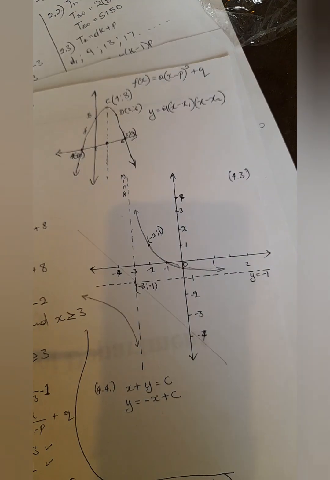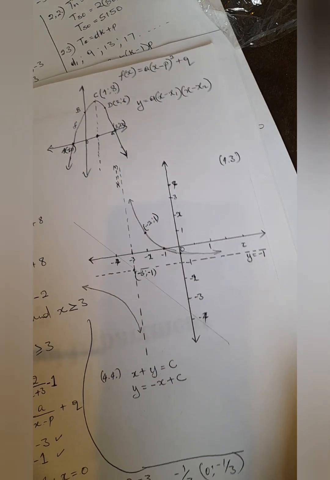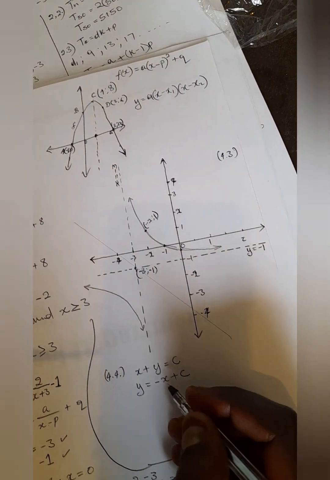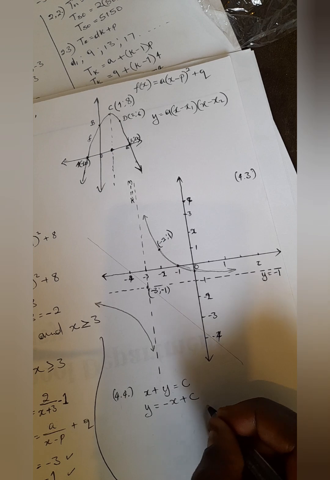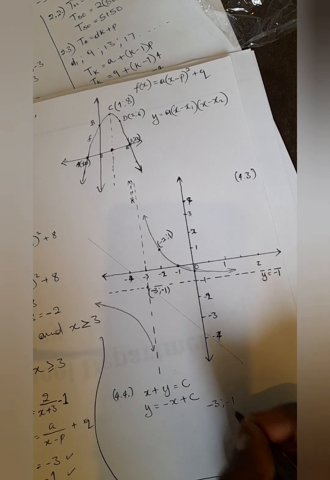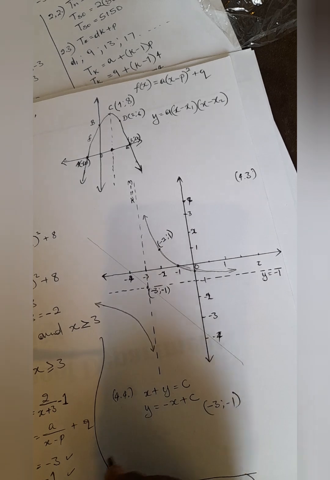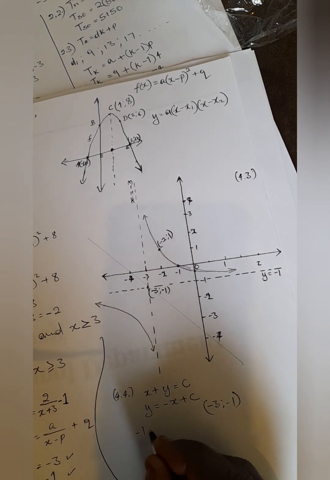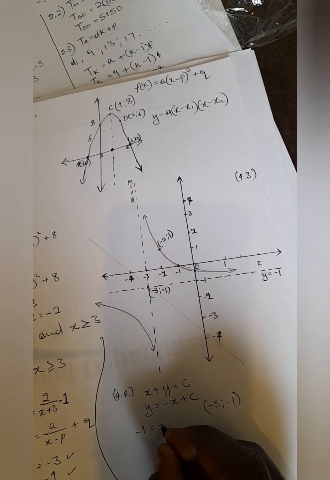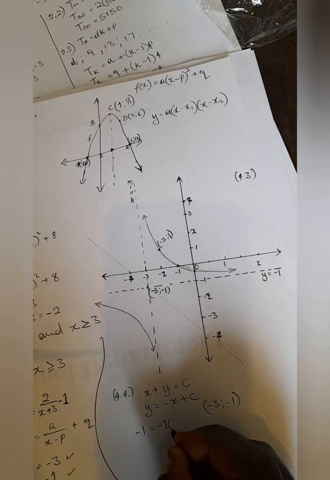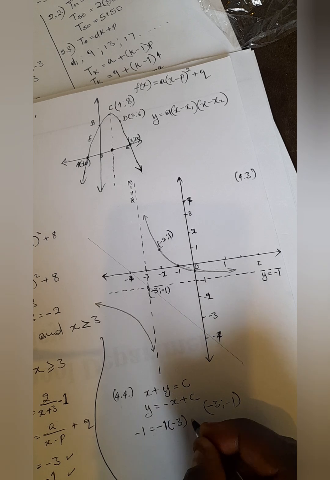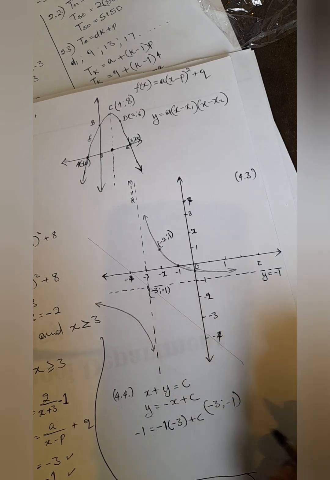Our gradient is -1. So substituting -3 and -1 into this formula, we get -1 equaling -1, which is the gradient, times our x value -3, plus c.